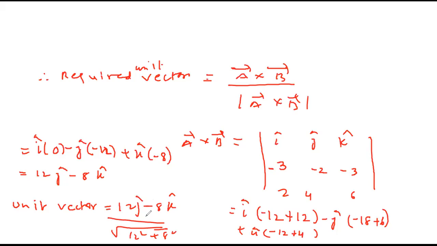12j. In the answer, i cap, j cap, 3j. Okay. Just copy till this. Space is not there. I'm doing.